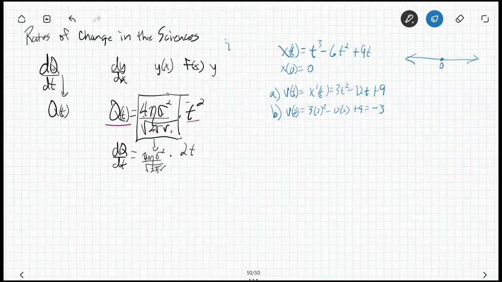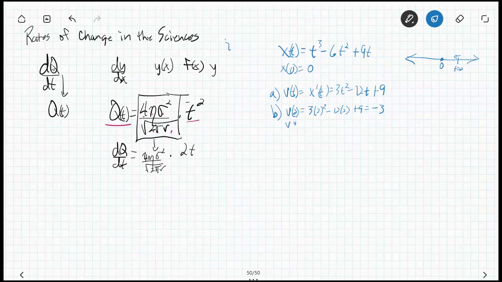So what does that mean? If the velocity is negative, then what is the particle doing? It's moving left. At t equals 2, the particle is moving in the left-hand direction because velocity is negative.